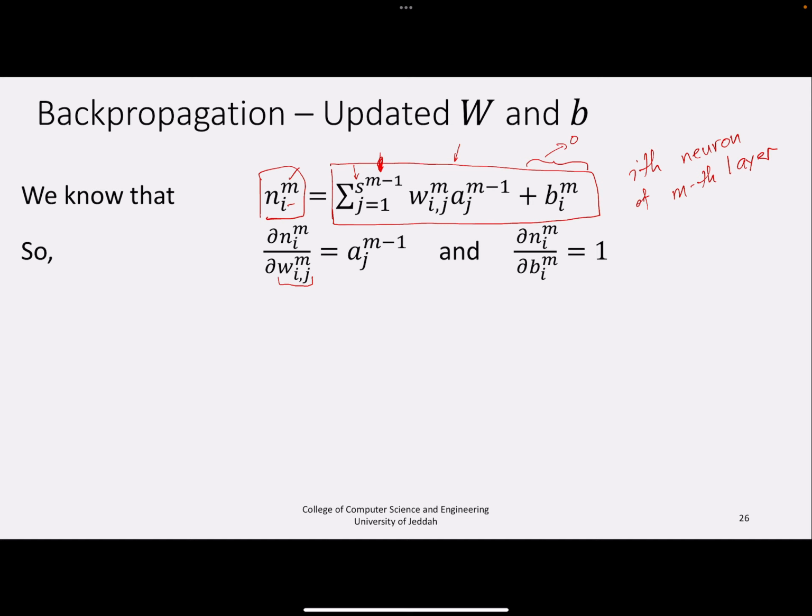And the only thing you'll get is the corresponding coefficient that's being multiplied with that weight. That's it. That's what we have over here.